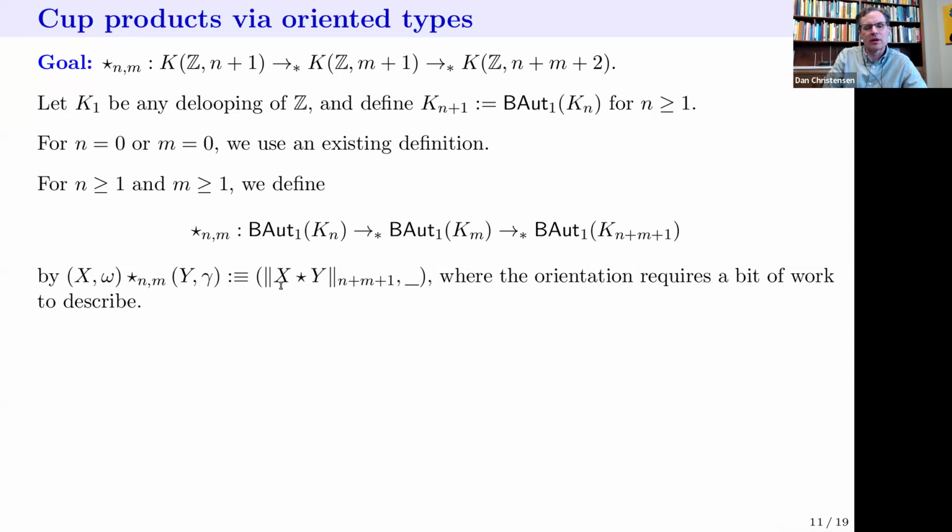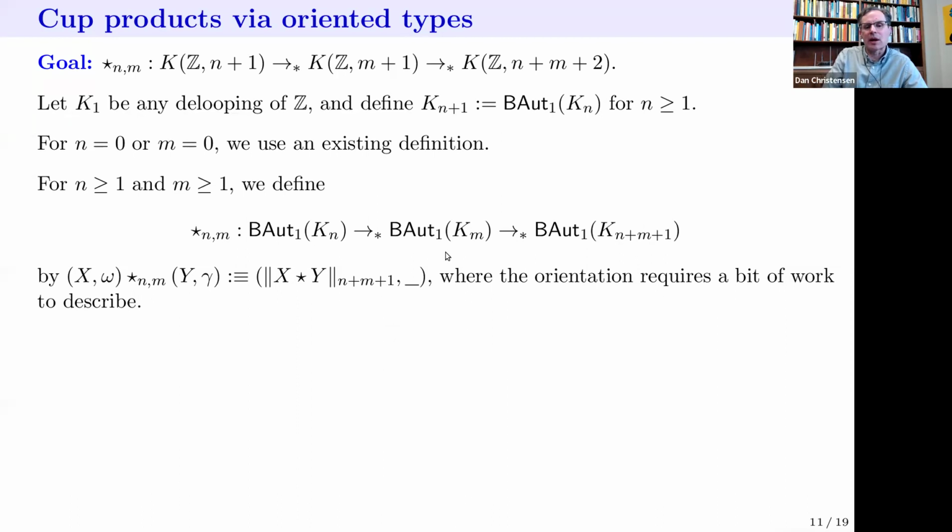So you can show that this type is merely equivalent to a K(n+m+1), and that you can get a homotopy class of equivalences. So it's a very concrete construction. Basically you join the types you have, truncate them, and then you have to put an orientation on that.